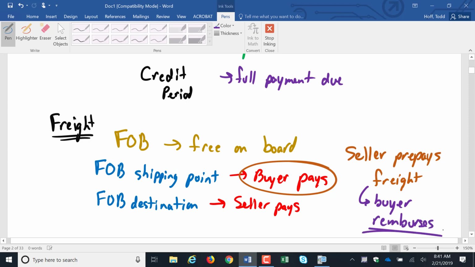So this often will appear on the invoice somewhere that the seller prepaid a certain amount of freight, so that when the buyer pays that invoice, they have to pay the amount, that net price, plus they have to pay that reimbursement for the freight.